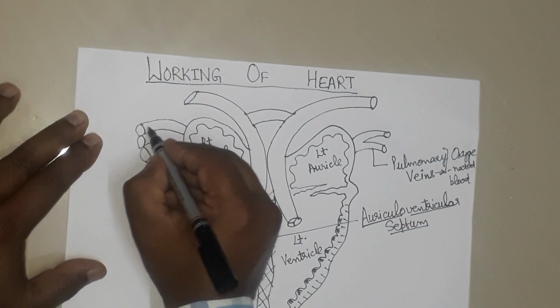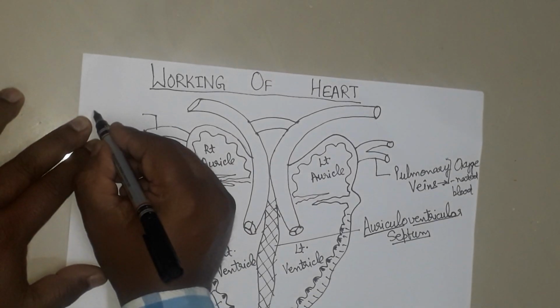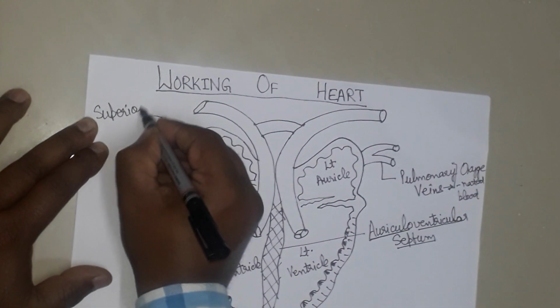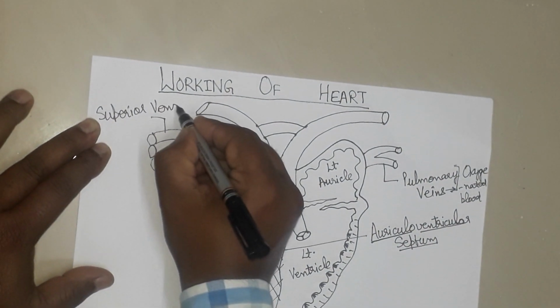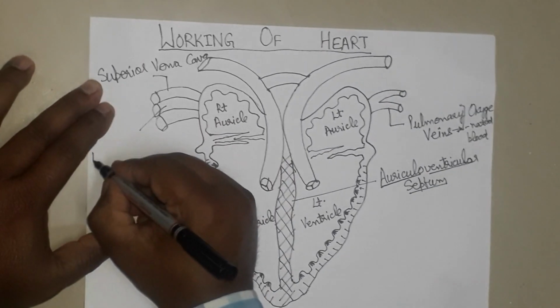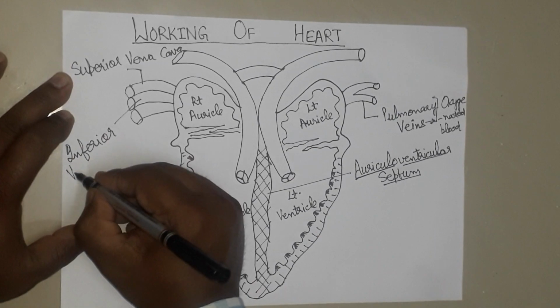Now coming to this side towards the right, we have three blood vessels. This is known as superior vena cava. Second one, inferior vena cava.